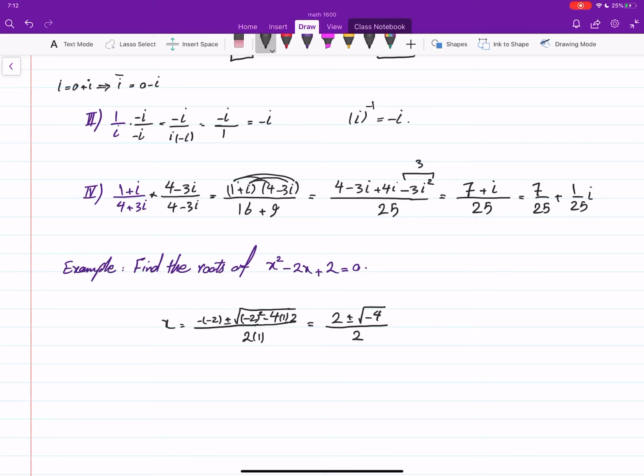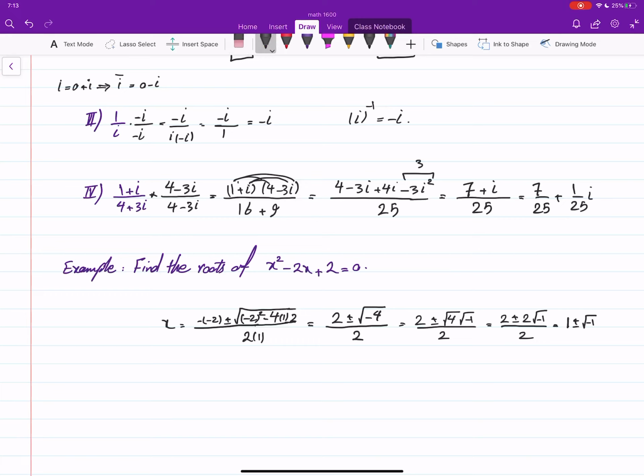Well, if you didn't know the complex number, you would say there's no real roots. But here, we can write this as plus minus root 4 times root negative 1 over 2. This is same thing as 2 plus minus 2 root negative 1 over 2, which is 2 plus, we can cancel actually, we can write 1 plus minus root negative 1.